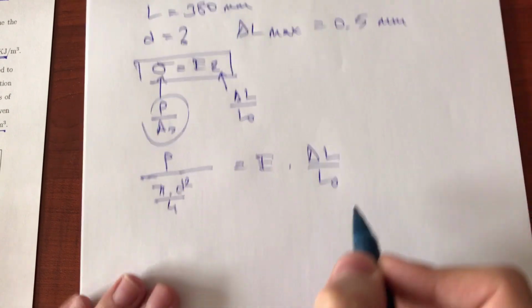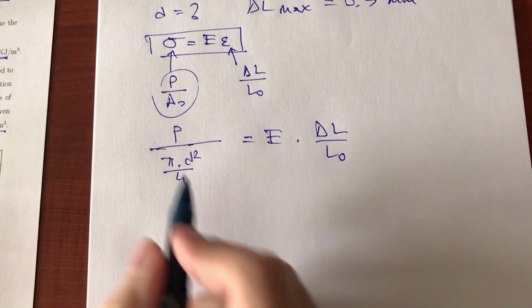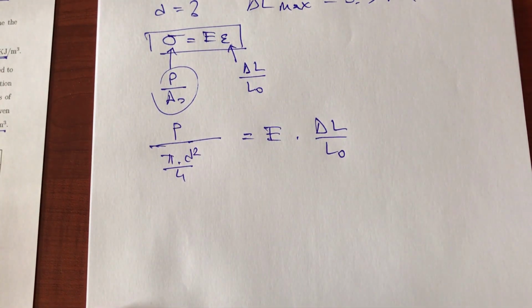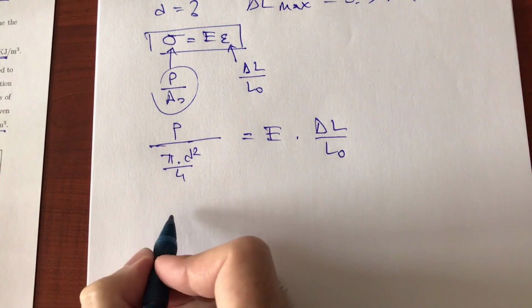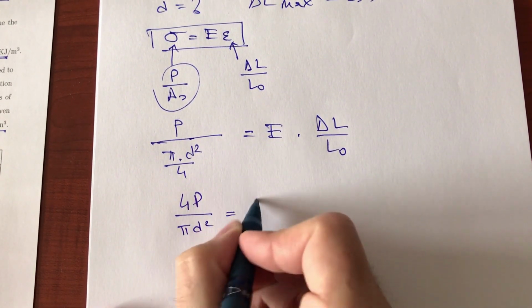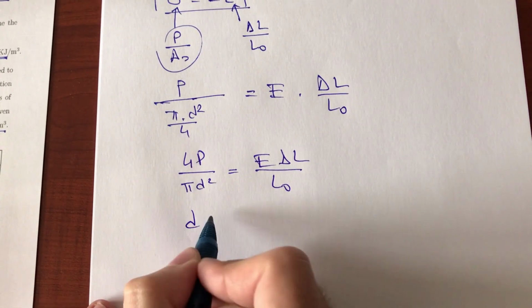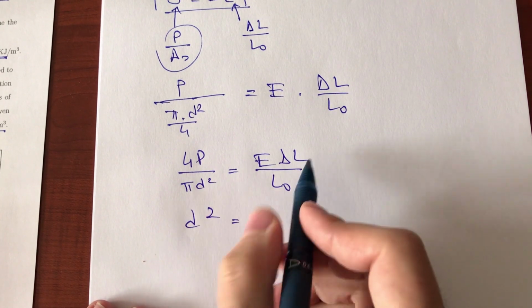So we can leave delta L alone. We can leave the diameter alone to have an algebraic expression for the diameter calculation. So 4P over pi d squared is E times delta L over L0. Then leave the d squared alone.